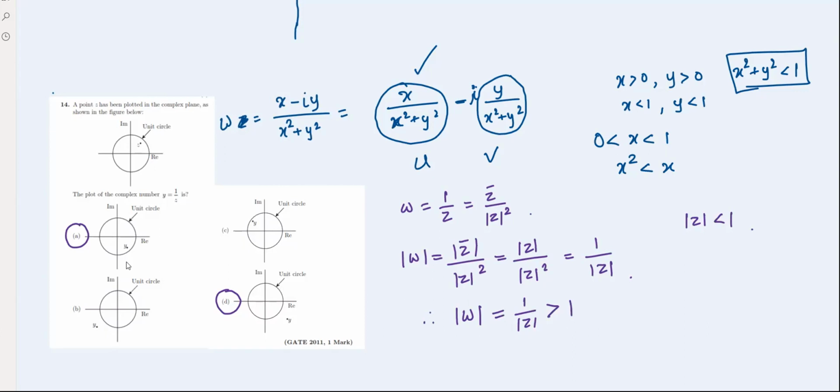So of these two, this is the correct option. And if you actually take the modulus and see, you will get the square root of x square plus y square by the whole square of x square plus y square.